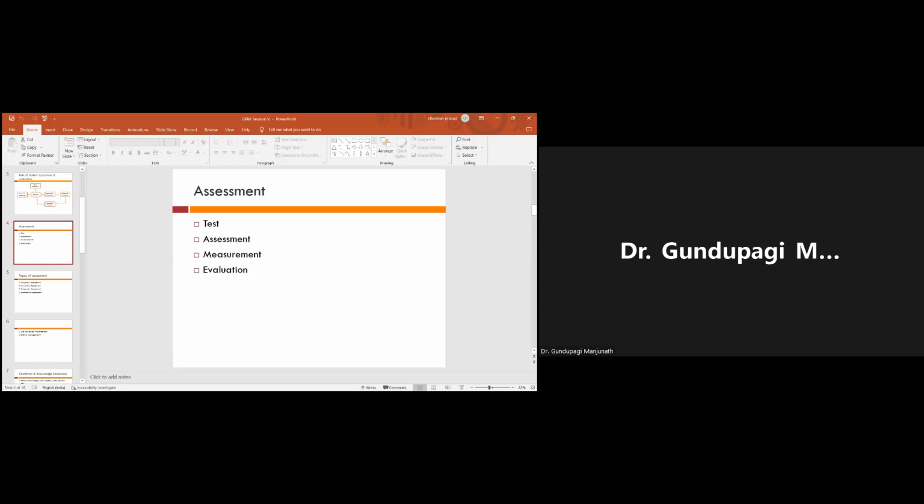So most of the times, we use assessments only to gather or collect information about student performance. Assessments may include a test. As we have already discussed, in the assessment, a test may be a part.